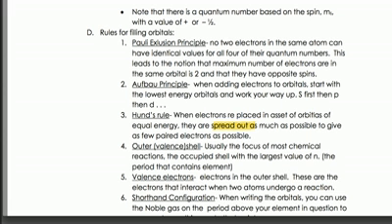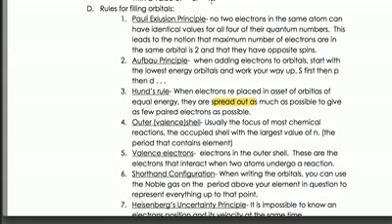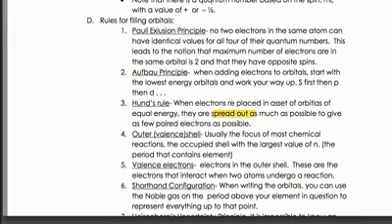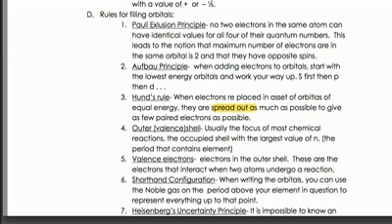And then there's the shorthand configuration, which we'll talk about when we're doing electron configuration. But basically what happens there is we look at the filling up of each electron orbital using Hund's rule and the Aufbau principle, and we're able to come up with an electron configuration. All right?